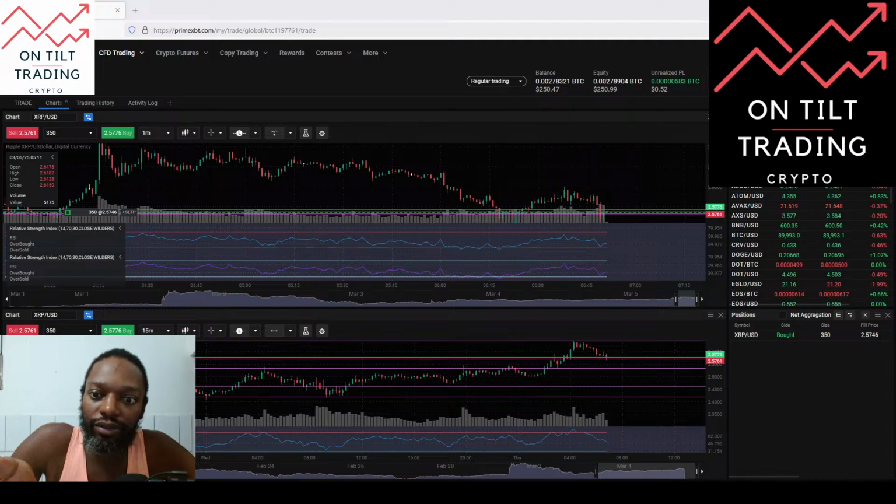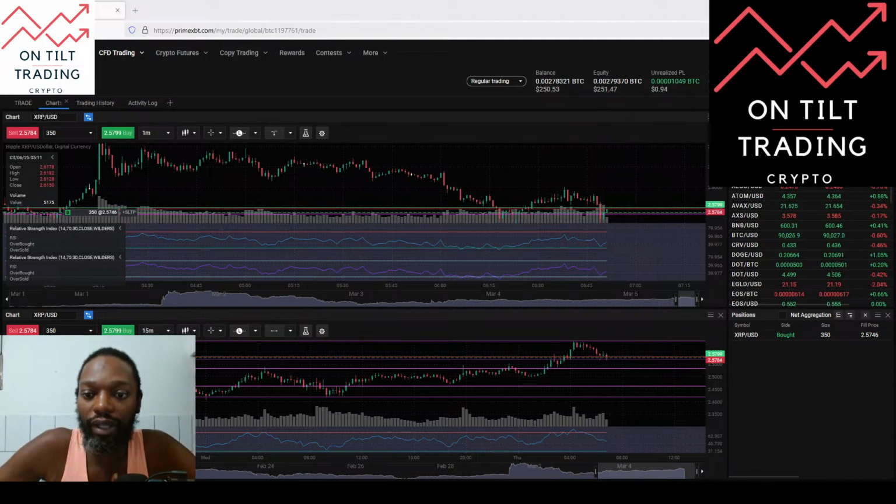When the buyers have momentum, of course, the price is in a good place for a buyer if you're already in. If you're not in, buying at a higher price would not be ideal. You want to buy at a lower price.